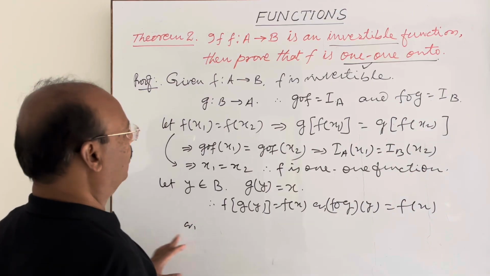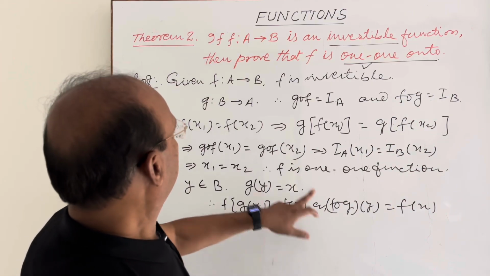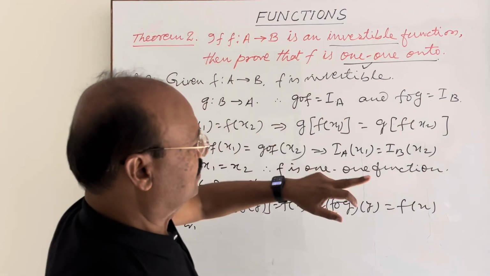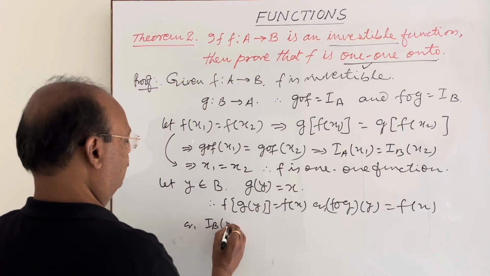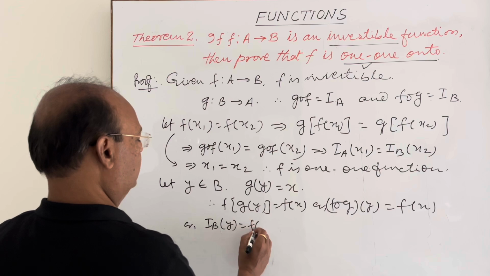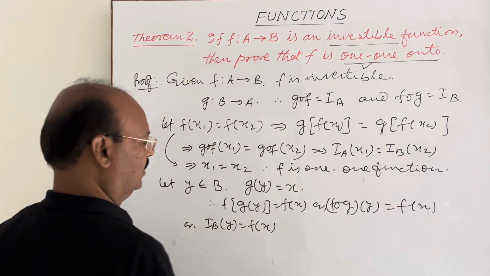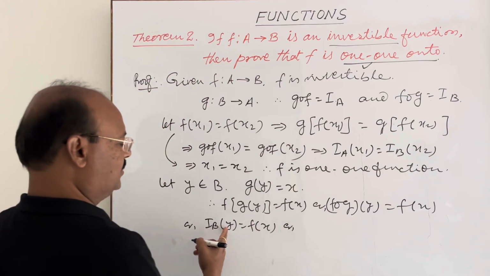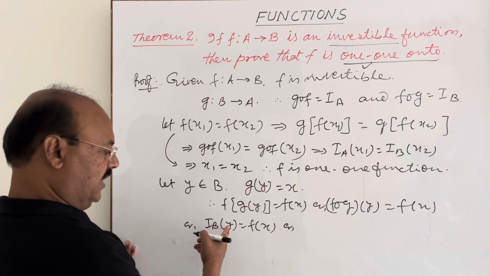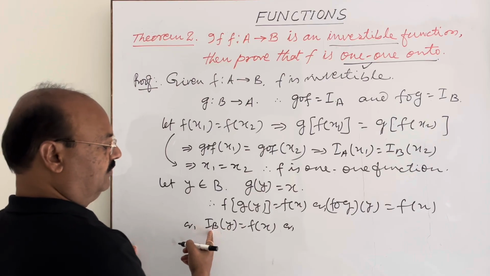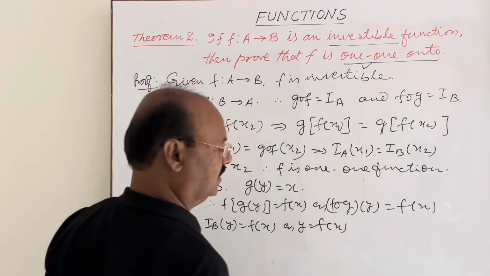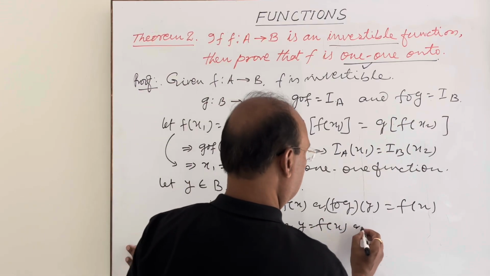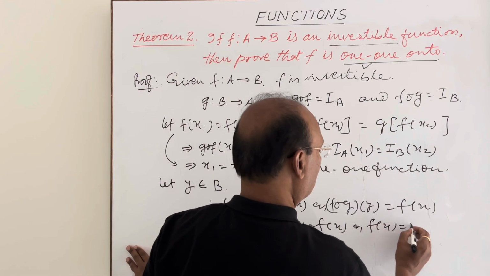Here f operation g is the identity function in set B, so the identity function in set B of y is equal to f(x), or the image of y will be y itself because this function is an identity function. So y is equal to f(x), or you can write f(x) is equal to y.